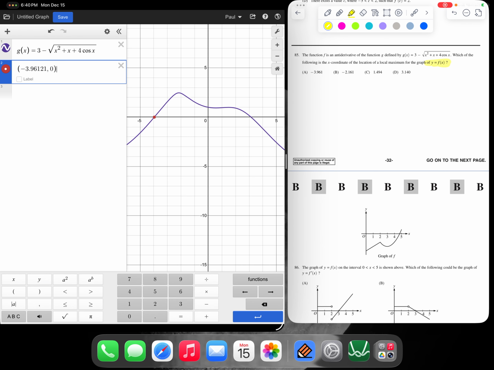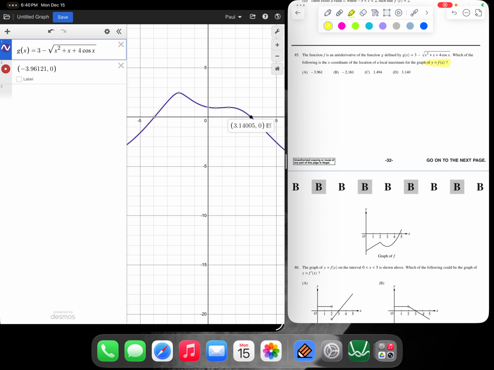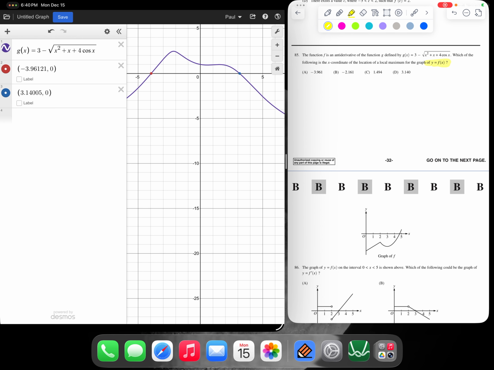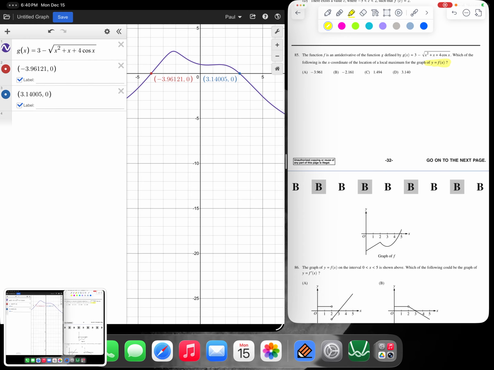Well, I'm going to indicate some x-intercepts here. I only see 2 of these x-intercepts. One of them at -3.961, the other at +3.14005. Both of them are basically choices here. So I'll show you how to treat this, and so you can look at it later. I'm going to take a picture.